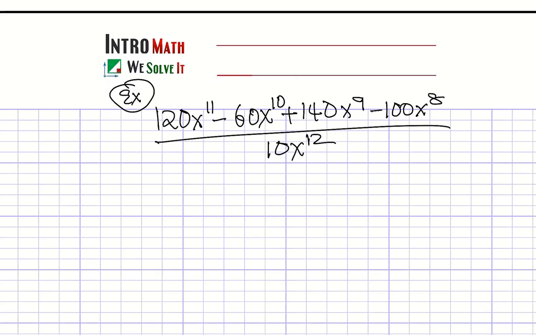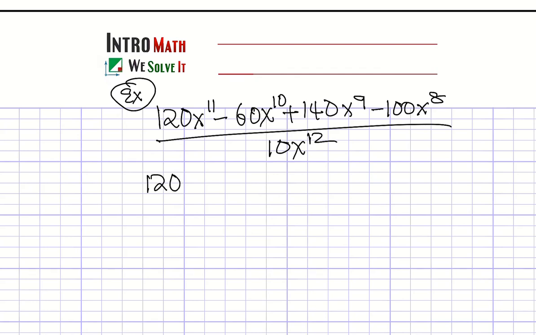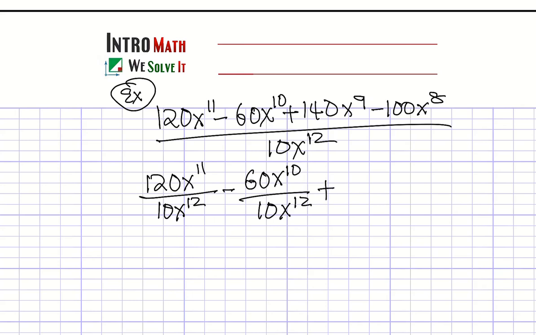So we'll knock it out. 120x raised to the power 11 over 10x raised to the power 12, negative 60x raised to the power 10 over 10x raised to the power 12, plus 140x raised to the power 9 over 10x raised to the power 12, minus 100x raised to the power 8 over 10x raised to the power 12.